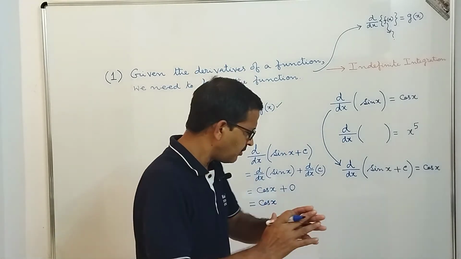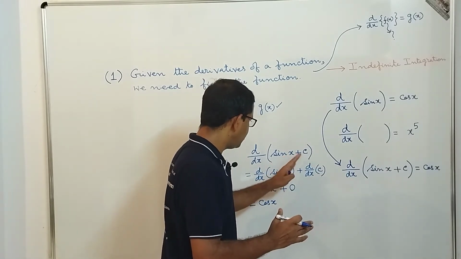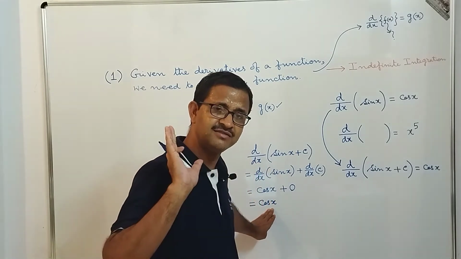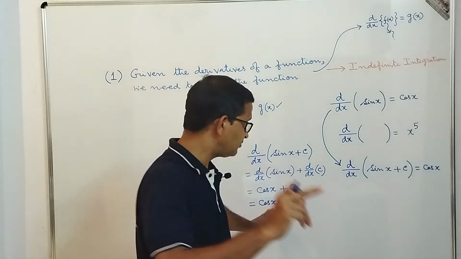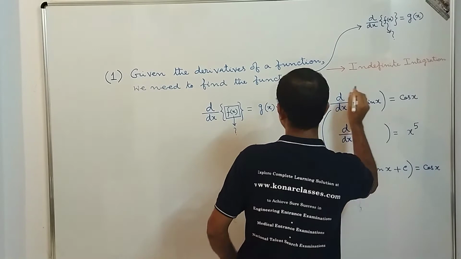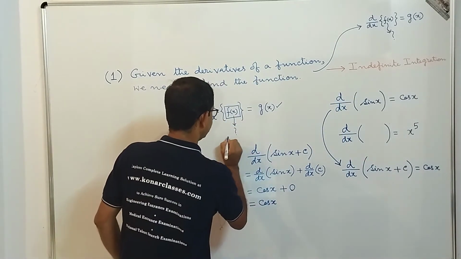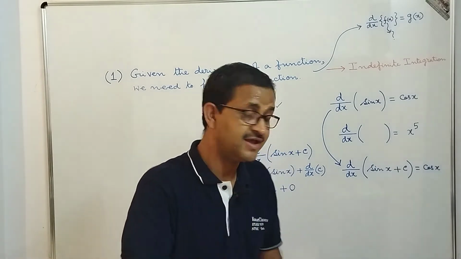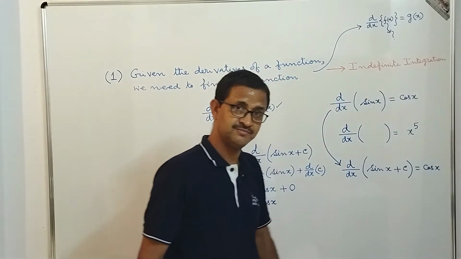For all these values of c, we get a different function whose differentiation is exactly the same. So that is why when we are inquiring about this function f(x), it is not a definite function, it is indefinite, hence the word indefinite integration.